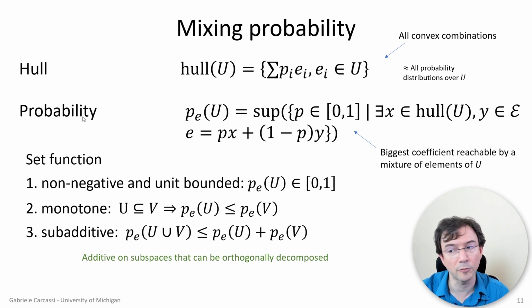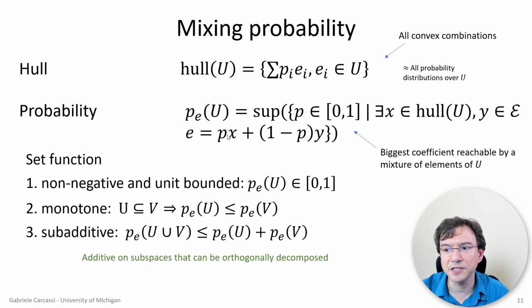And now we define the probability. How do we define the probability? We pick an element, and then we say, what is the probability that that element is in this subset? Well, that thing gets defined in this way. You take the hull of U, you make all the convex combinations with an element inside U and something else.